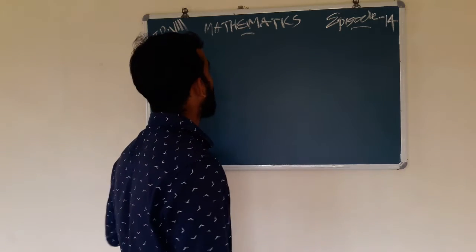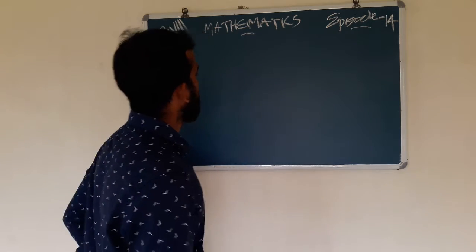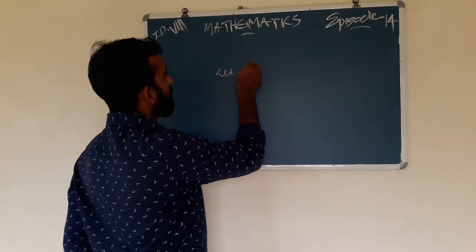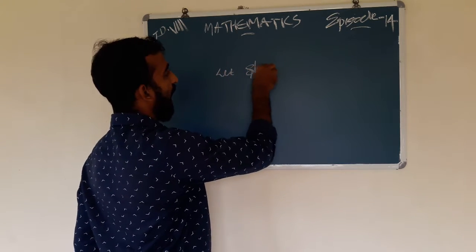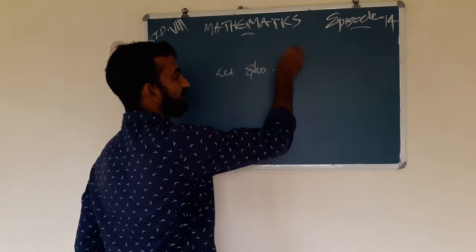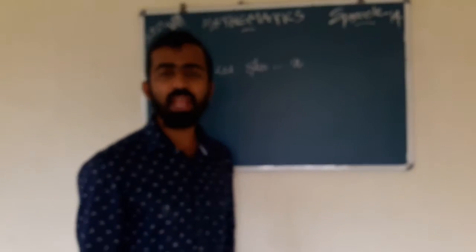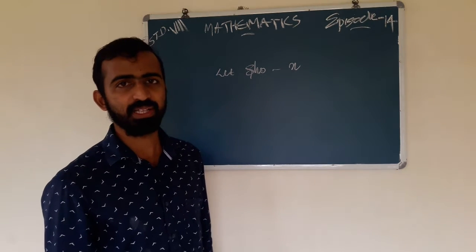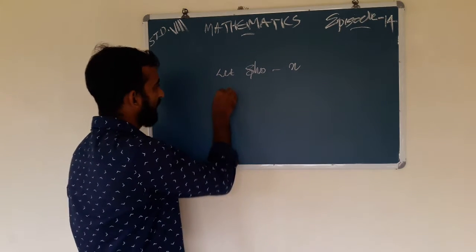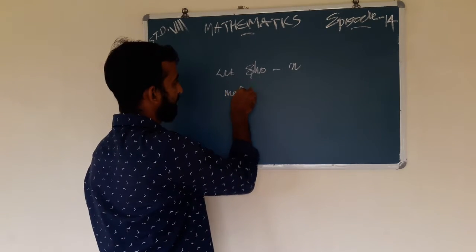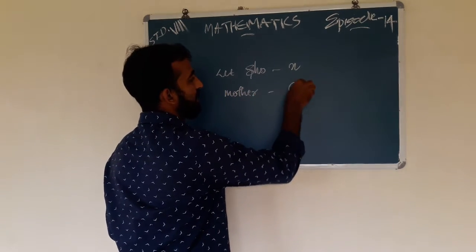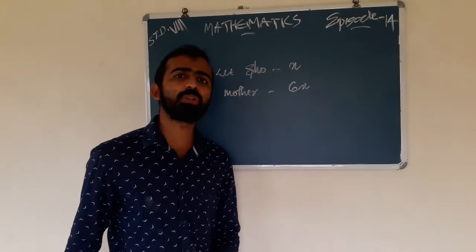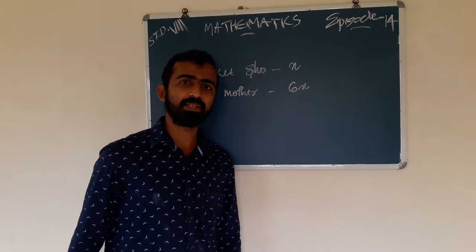Let Shobu's age be x. Then what is the age of his mother? Mother's age is 6x. Why do I write like this? Because according to the question, there is the reason.